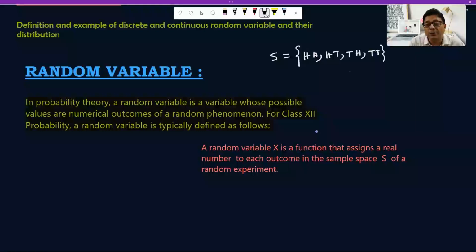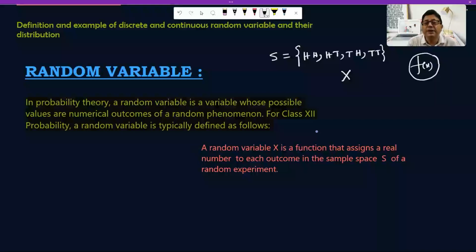So a random variable is normally denoted by the letter X. In case of a function we have written f(x), but here for a random variable we will be writing X. This term comes with probability theory only. So not f(x) right now, it will be X only. So what will X do? The definition of a function, all of you remember, it behaves like a machine whose input is there and corresponding output, at least one output you will get. Then X is said to be a function.